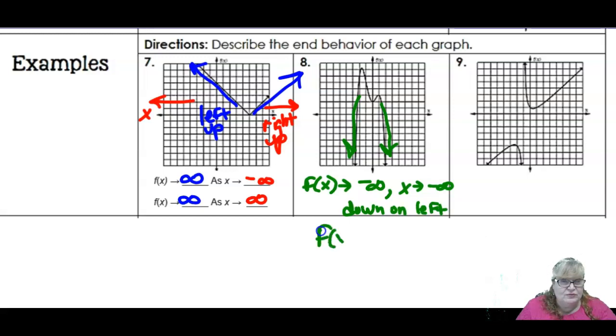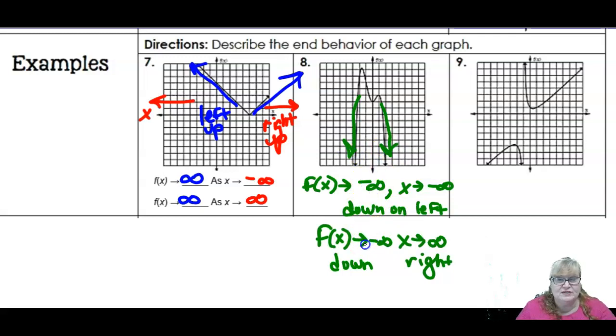And then if we want to say the right, we say x approaches infinity, that would be the right, and it's also down, so we say negative infinity for the y as well. Remember, the x has to have both left and right, and then whatever is going on the graph determines the y. These are both going down, so we have negative infinities for both.